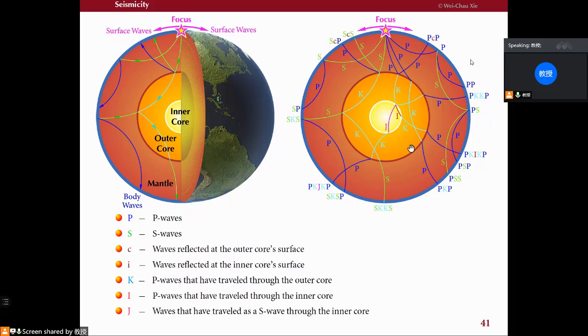So we have C here, and you come here and then reflect and refract. Basically we have different types of waves, and when the waves go through the different interfaces, through refraction and reflection, they interact with each other to produce different seismic waves.